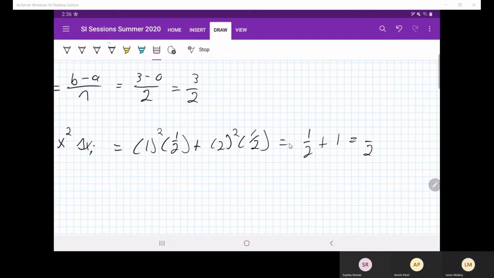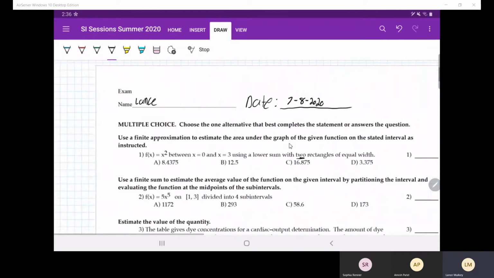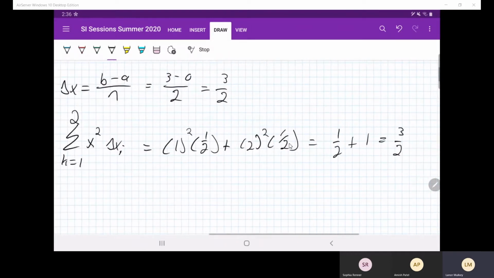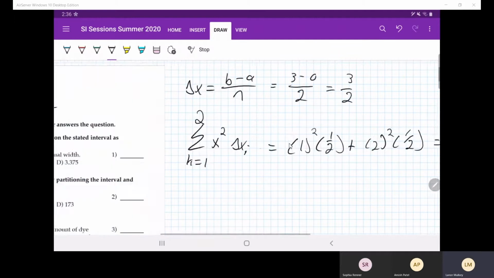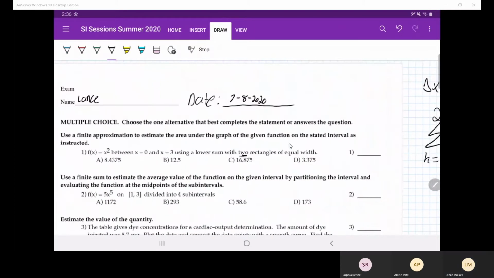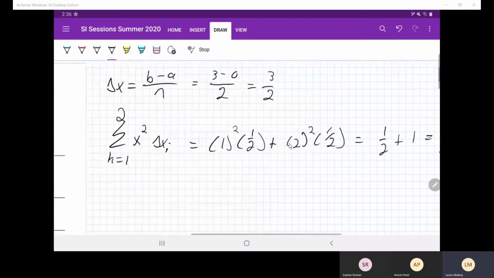Sorry. Pretty sure that's the answer. That's not the answer. Okay, that's 4/2. It's 5/2. Lower sum? Wait a minute. I did it wrong. Sorry.